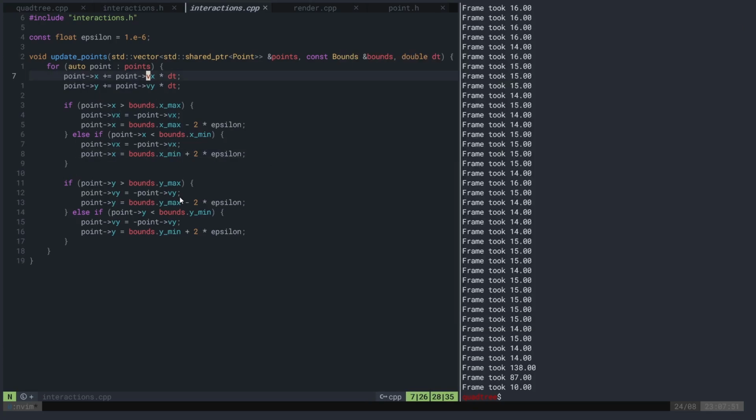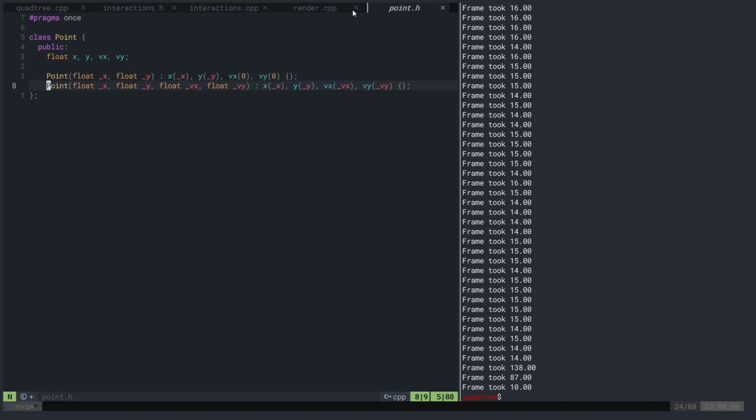So what we want to do here in our update points is create new values for the acceleration. So we have xy positions and velocities. In our point.h, let me just close this because we don't need it. Let's add an acceleration term, like so.